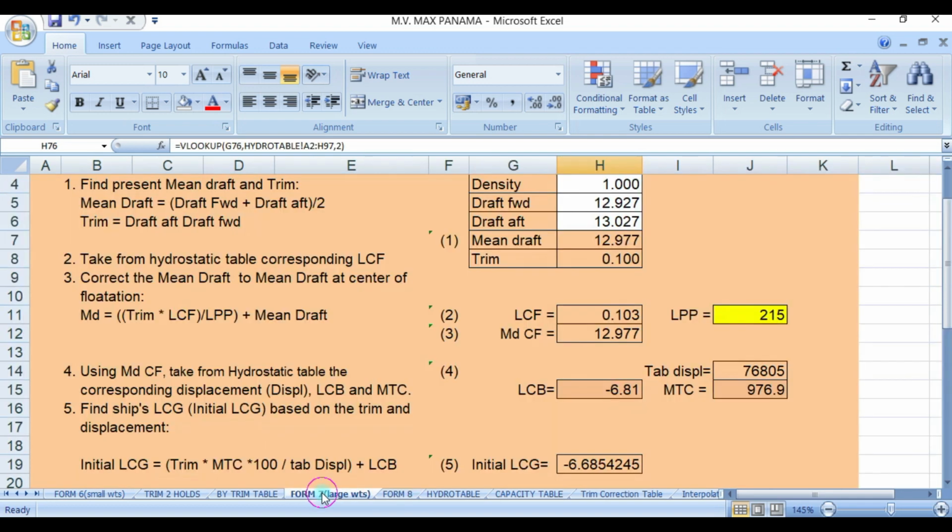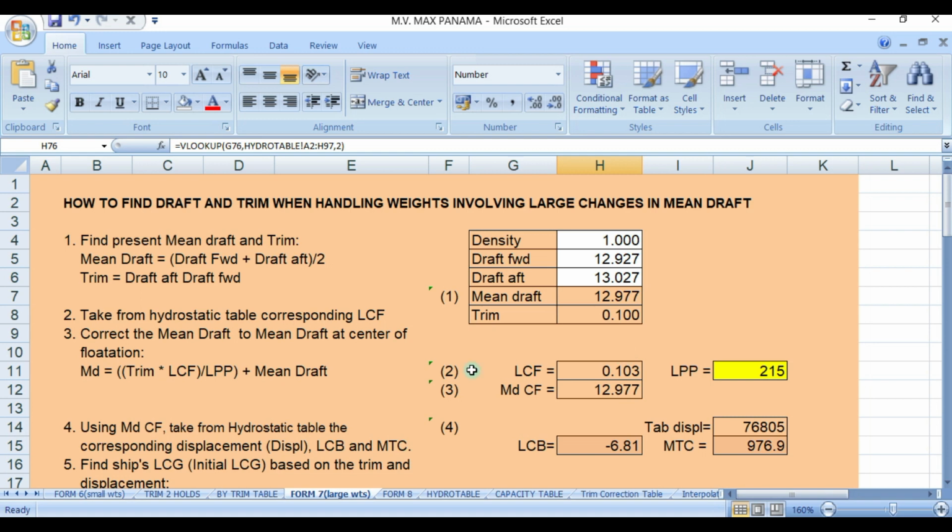But on the other hand, you will tell the foreman that, foreman, this will be my departure draft here in Baton Rouge. Forward will be 12.927 and my aft draft will be 13.027 and my mean draft will be 12.977. So when I get this target draft, I should have a trim of at least 10 centimeters.